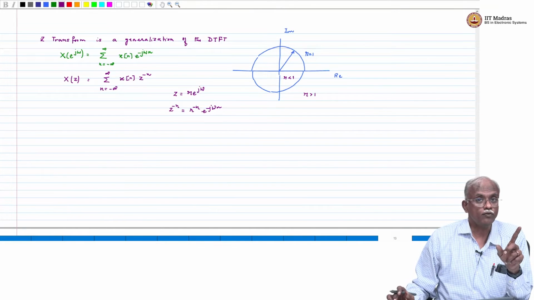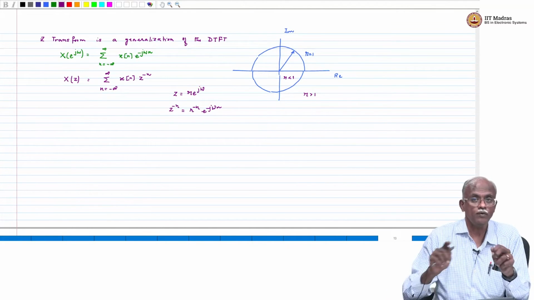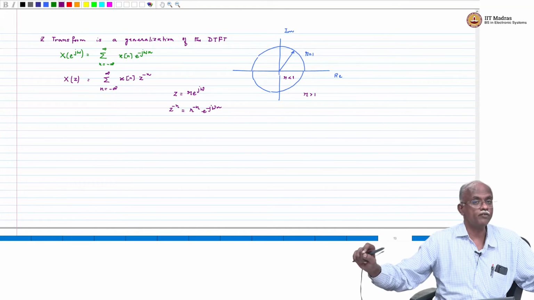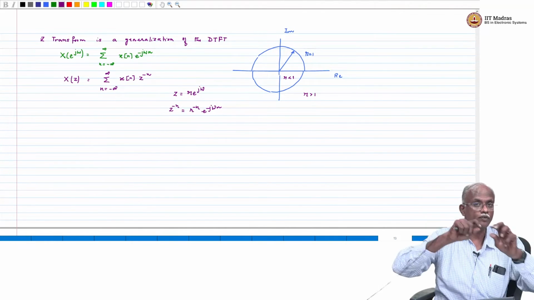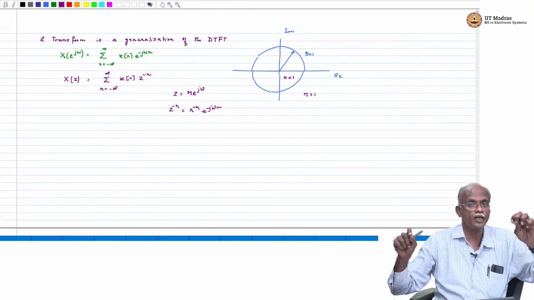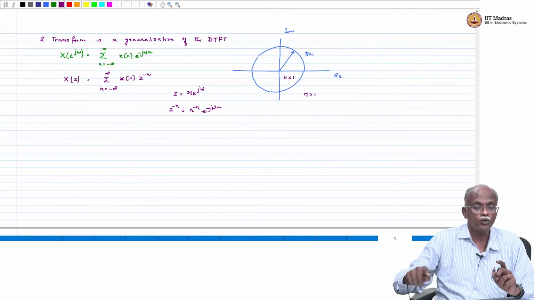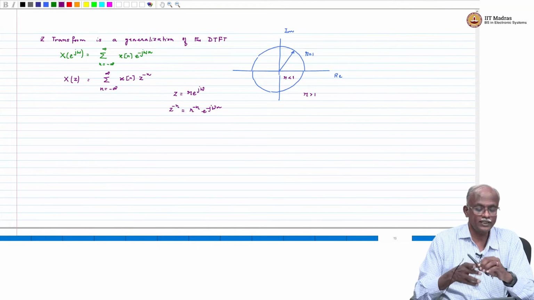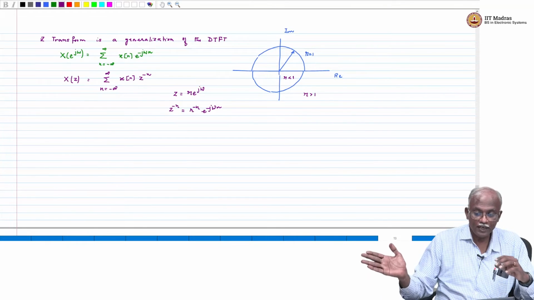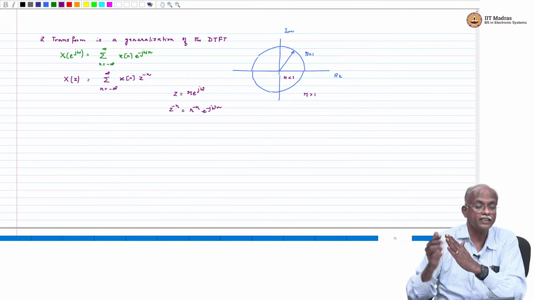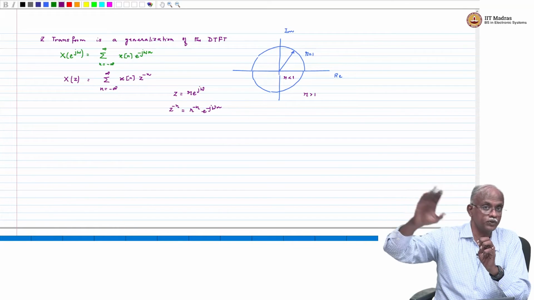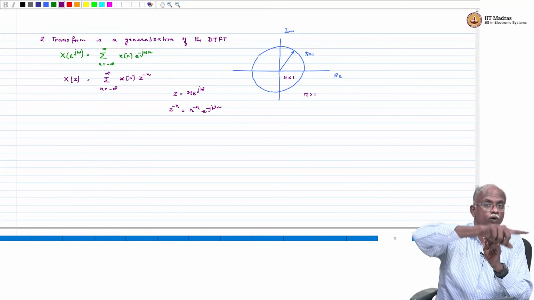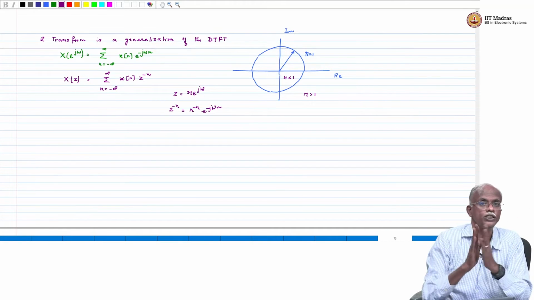Just like you could get it for the Laplace variable s, how do you get it? The real part going from minus infinity to infinity, and the jω going from minus infinity to infinity. So, basically you have two linear variables. Now, we are doing it in a different set of coordinates. Here we are giving it in terms of radius and angle. The radius can go from 0 to infinity, so you can cover all of it, and the angle goes from minus pi to pi or 0 to 2 pi.